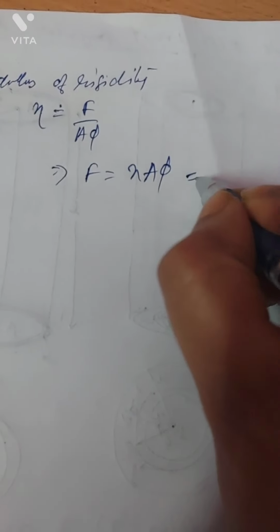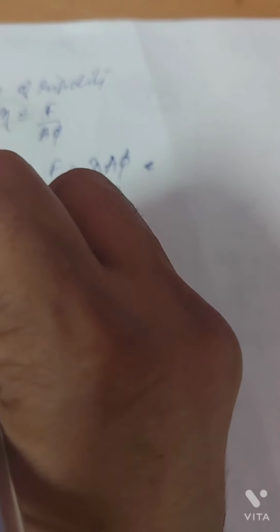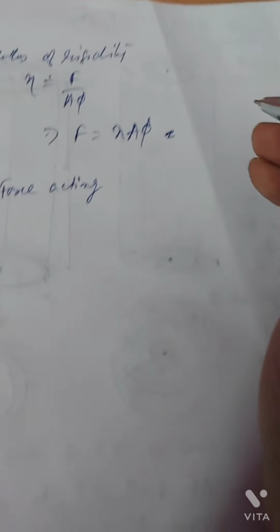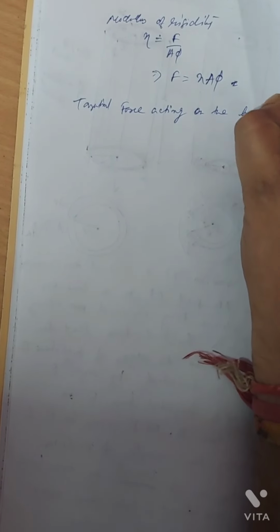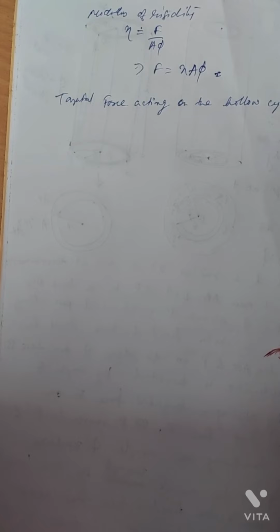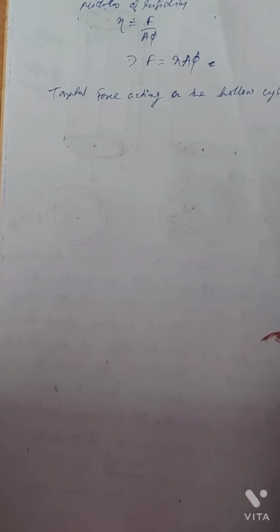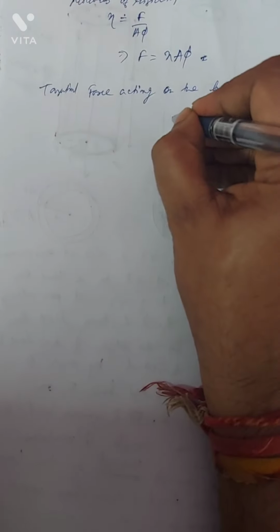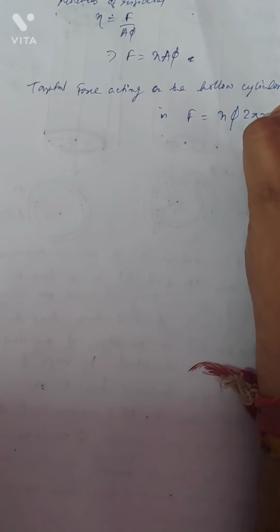Now what we will see is that the tangential force acting on the hollow cylinder's free flat face B is F equal to eta phi twice pi x dx.